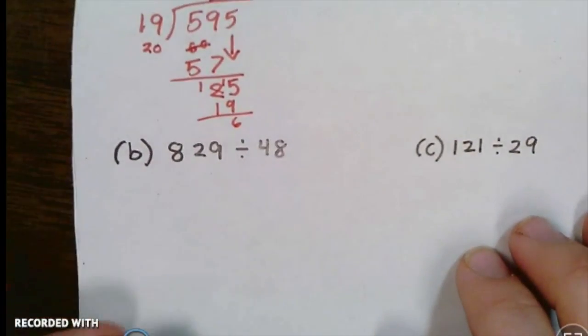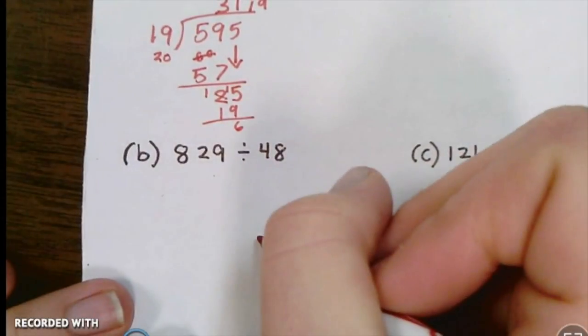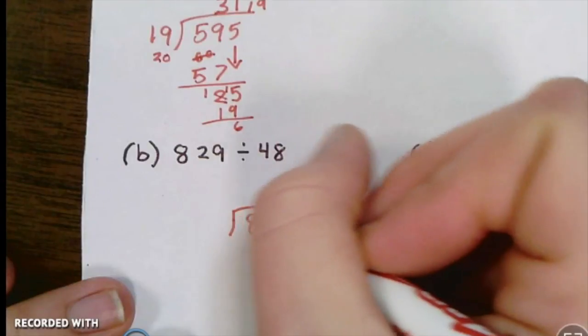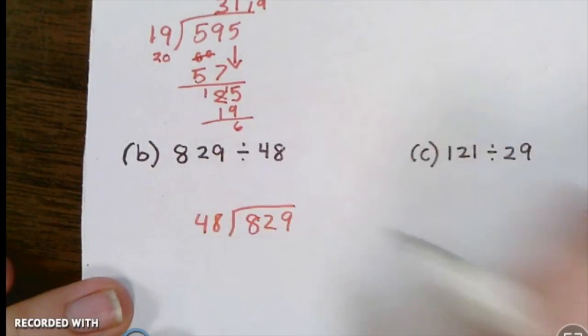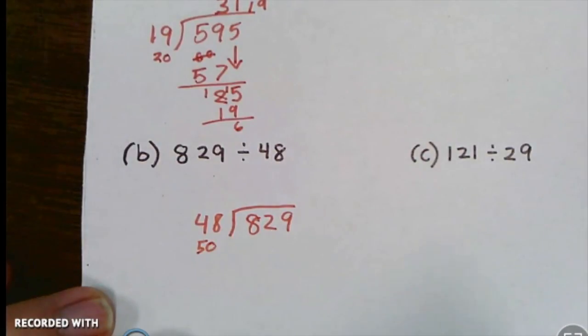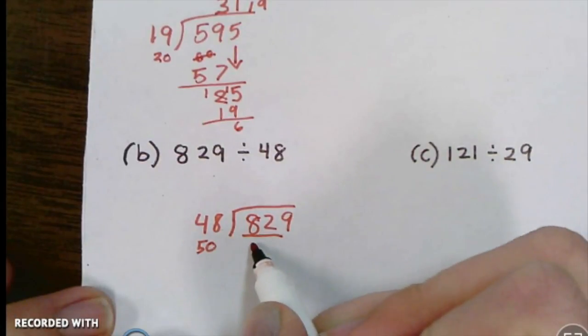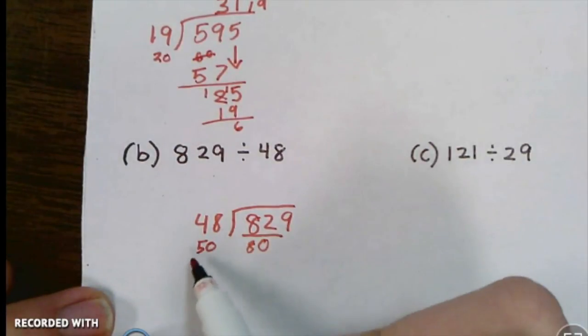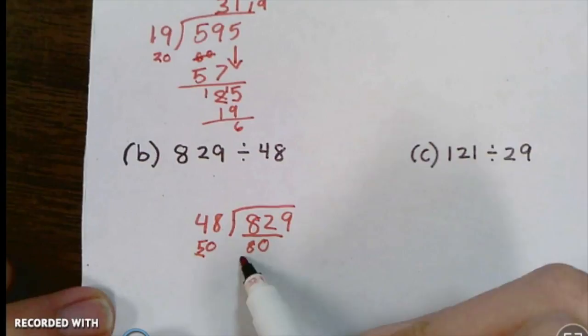Let's try B. So I've got 829 divided by 48. I'm going to round 48 to 50, and I'm going to round 82 to 80. So how many times does 5 go into 8?